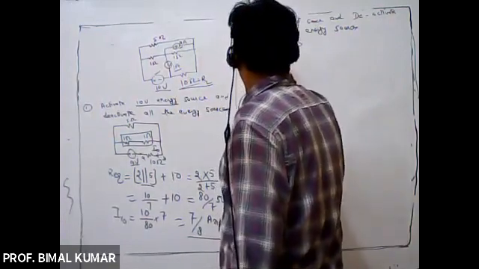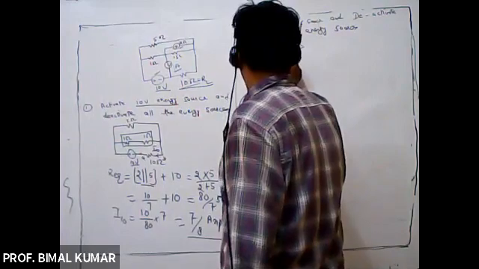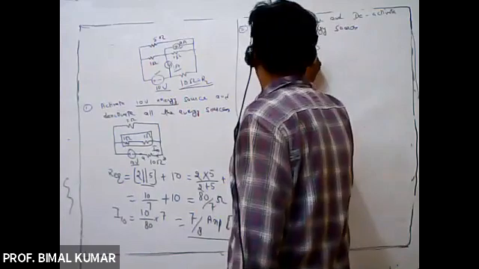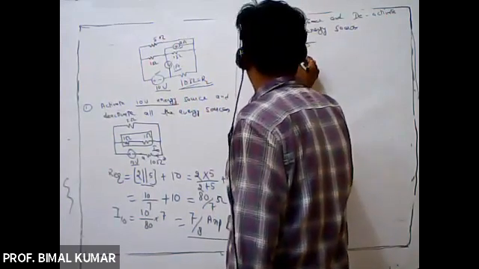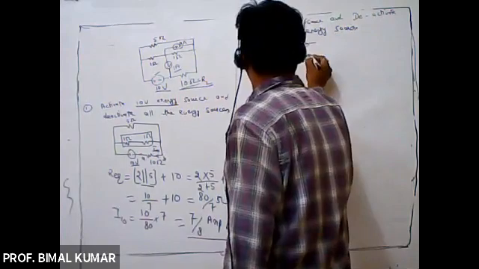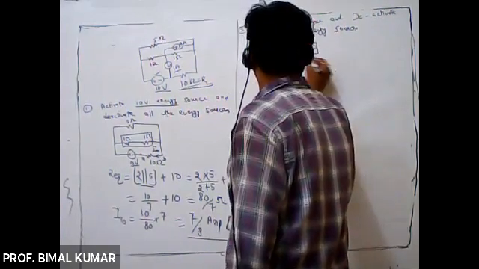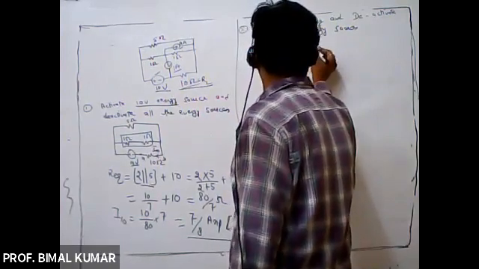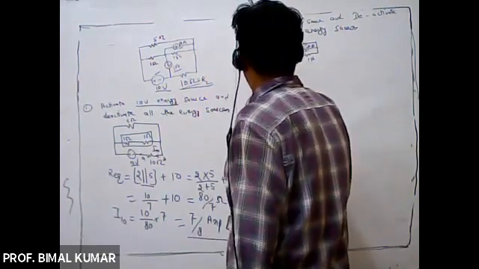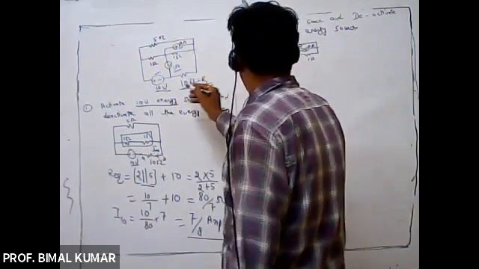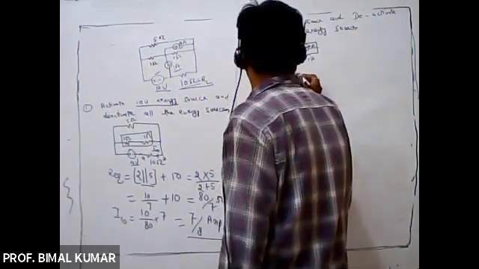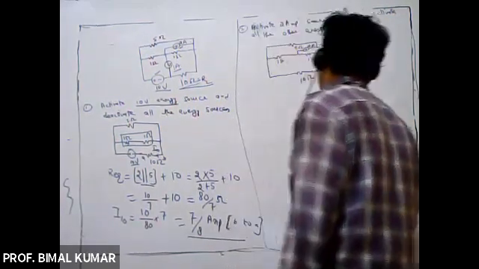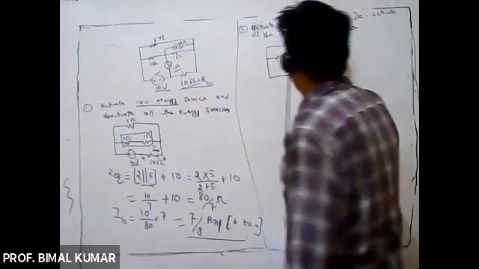Starting with this, it will be 1 ohm, then 5 ohm, then again 1 ohm, and here in parallel a current source of the value 2 ampere, and this will be a short circuit for the voltage source, and then this is 10 ohm, this is of the value 5 ohm.